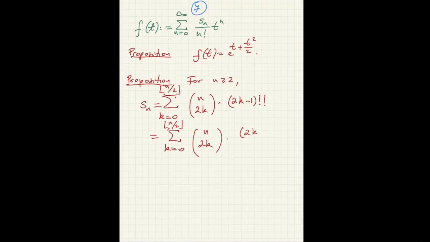You can write it as 2k factorial divided by 2 to the k times k factorial.